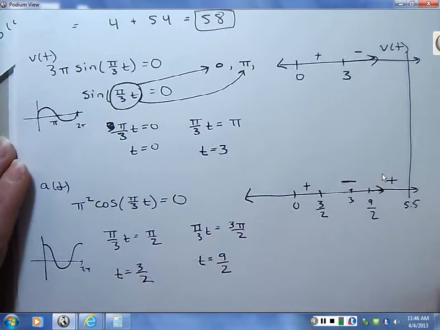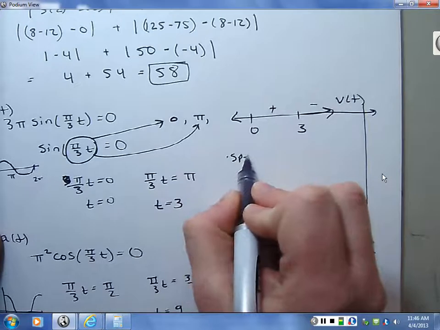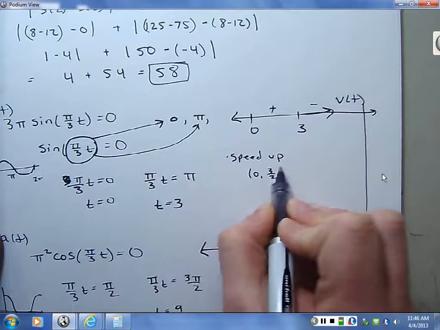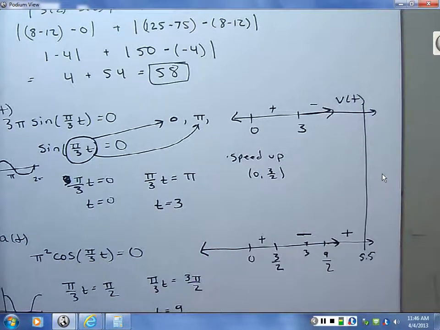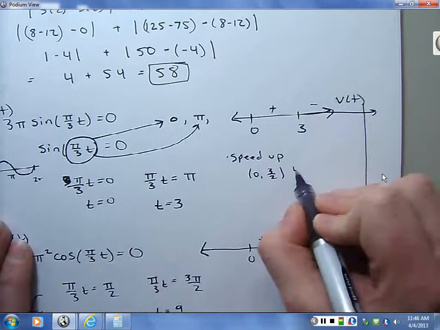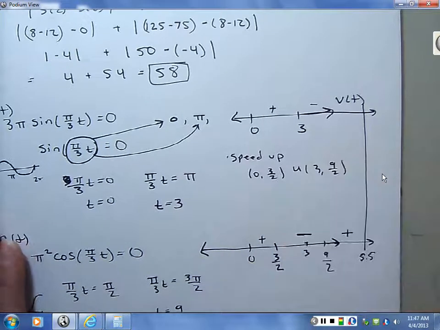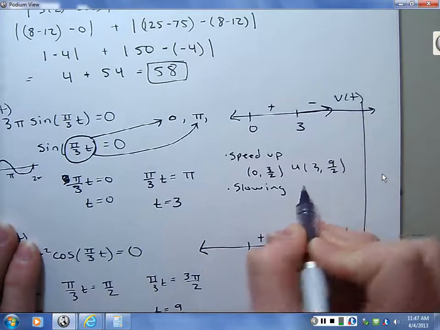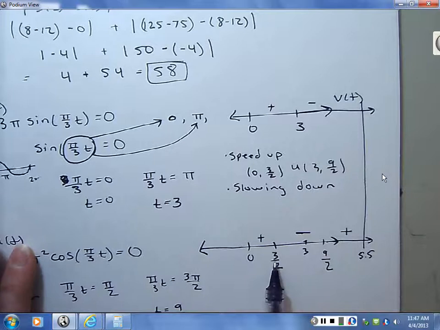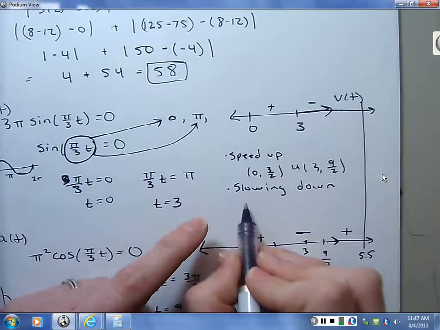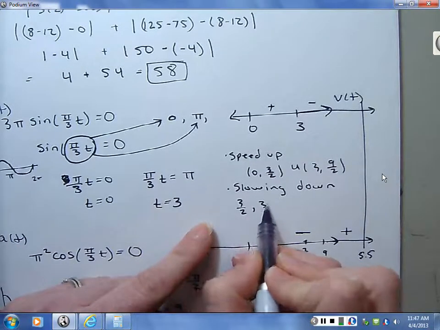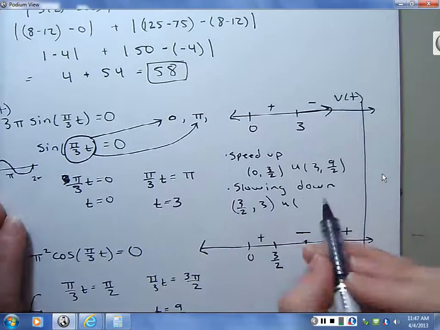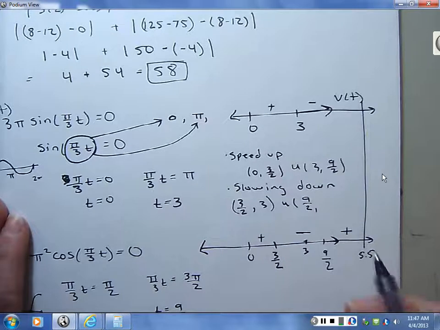So when is it speeding up? 3 to 9 over 2. And when is it slowing down? From 3 over 2 to 3, and then 9 over 2 to 5.5.